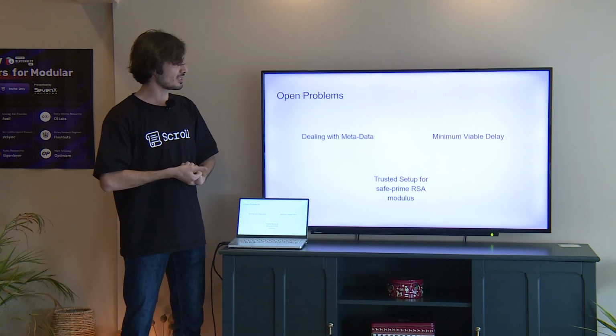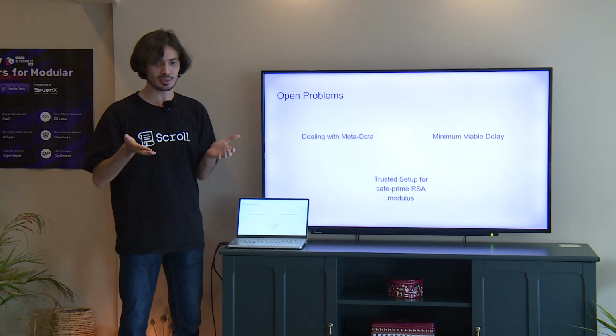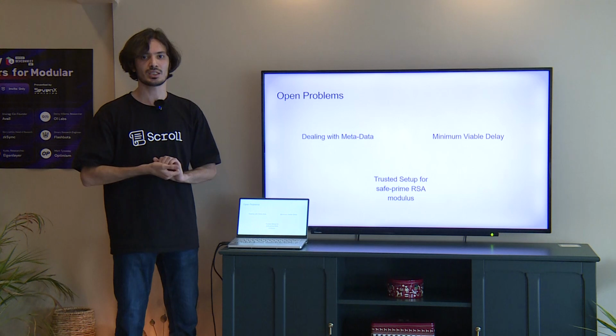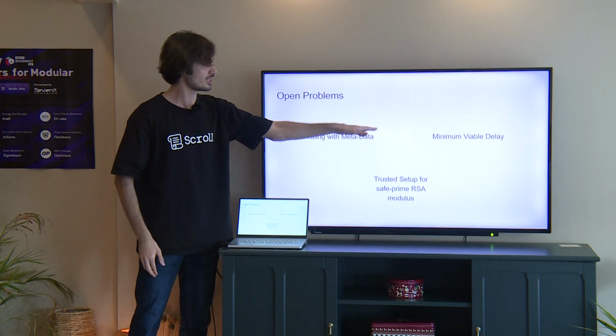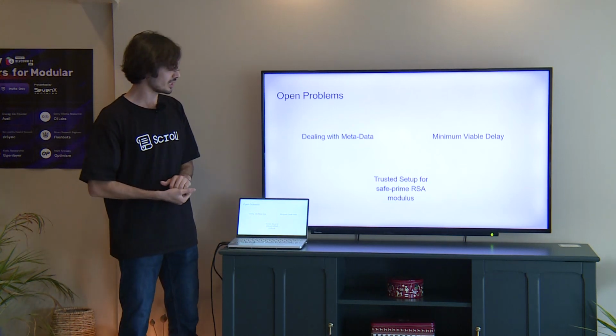So for that reason, we are not sure what's going to be a reasonable block propagation time, stuff like that, and we don't know the minimum viable delay. We have to run a simulation or a proper testnet to figure that out.